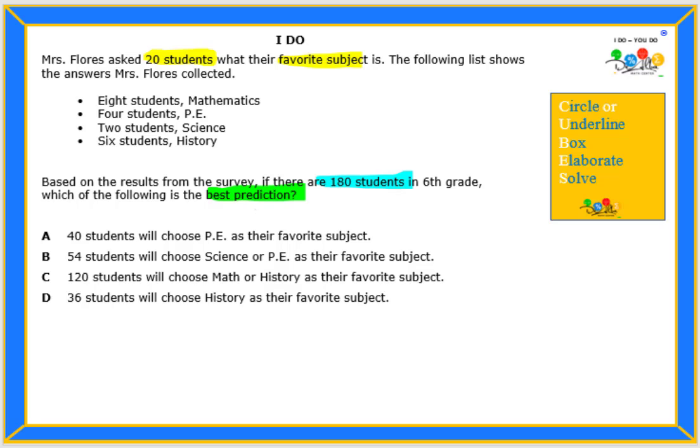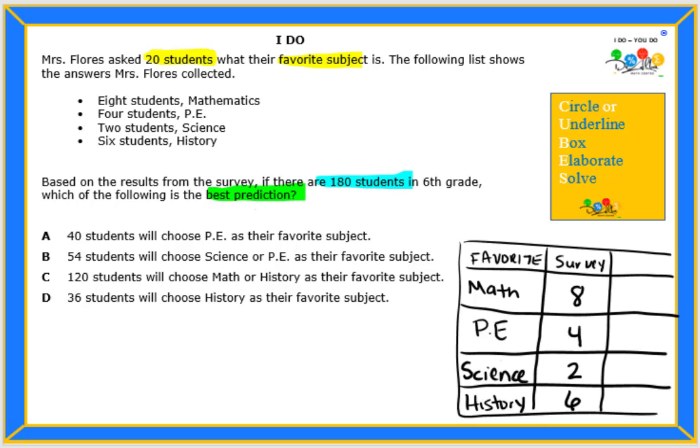Okay, students, so let's make our own table with this information. Now that we have our information, we also know that we have a total number of 20 students surveyed, so I'm going to put that up here. They're asking us for the best prediction if there are 180 students.